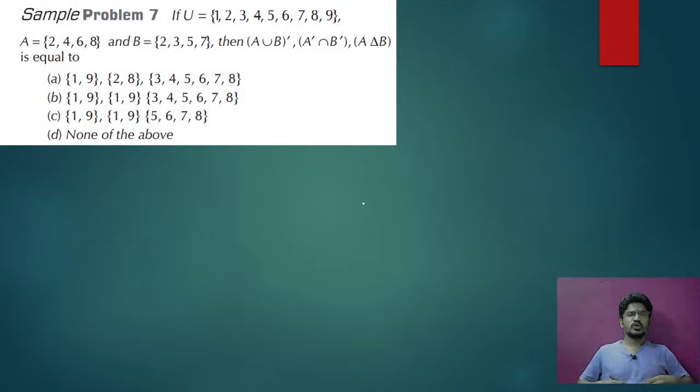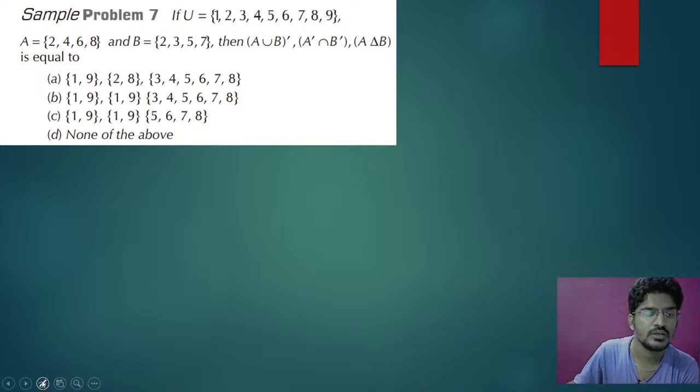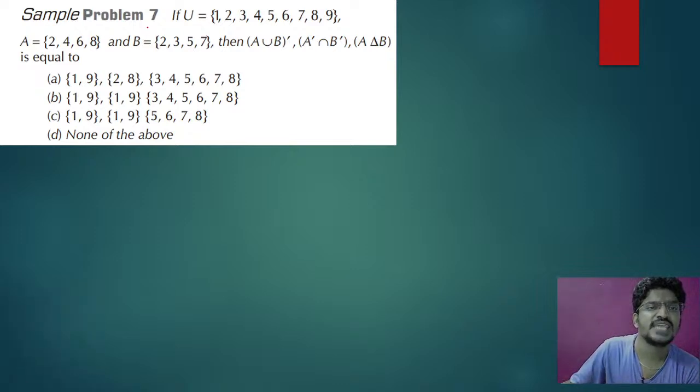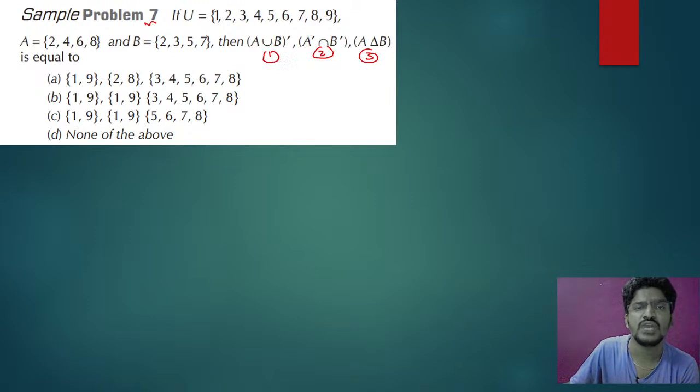Very good. So quickly everyone solve this and tell me the answer. Here, in the same 7th problem, you have three questions with these 4 options. First you have to solve A union B whole complement.